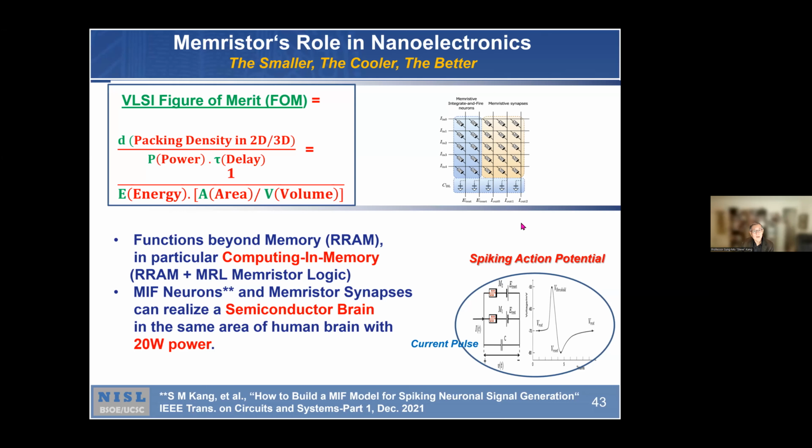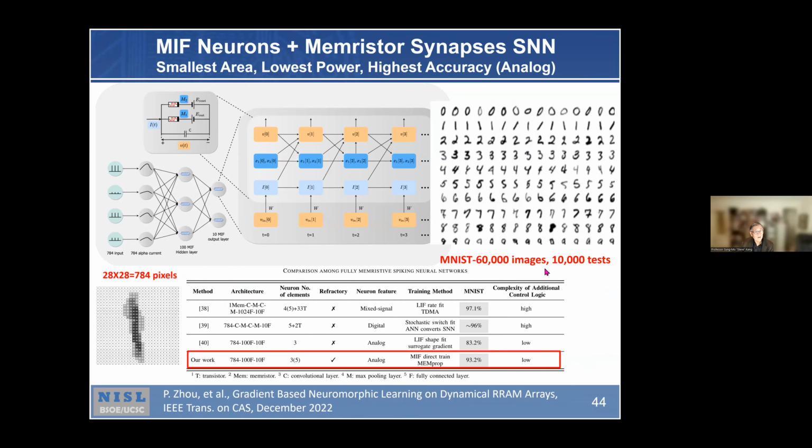We have simulated and tested against what are called benchmarks. There's a bunch of numbers, right, for zip code recognition and so on. It turns out that the accuracy is quite high, 93%, for instance, with much less power consumption.